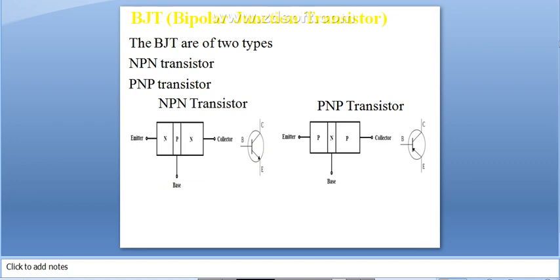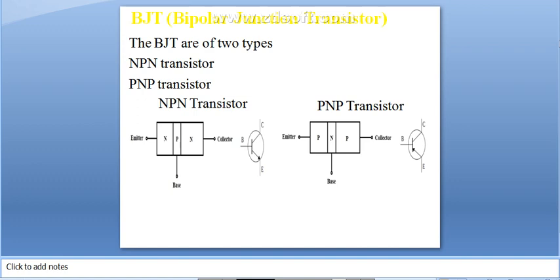The BJTs are of two types: NPN transistor and PNP transistor. The BJT consists of a silicon or germanium crystal in which a thin layer of N-type silicon is sandwiched between two layers of P-type. That transistor is called a PNP transistor.